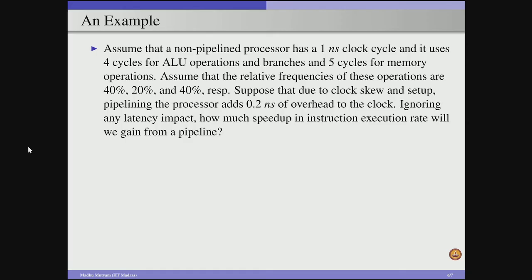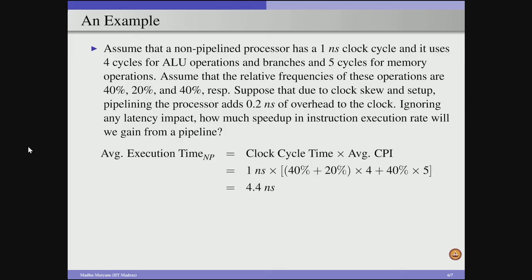Also we assume that because of the clock skew and setup, the pipeline registers are going to take 0.2 nanoseconds. So, ignoring any latency impact, what is the speedup we get if the instructions are executed through pipelining?